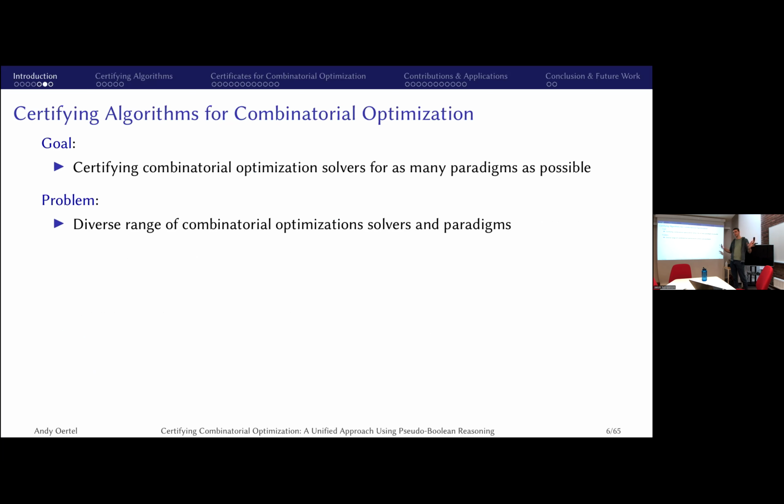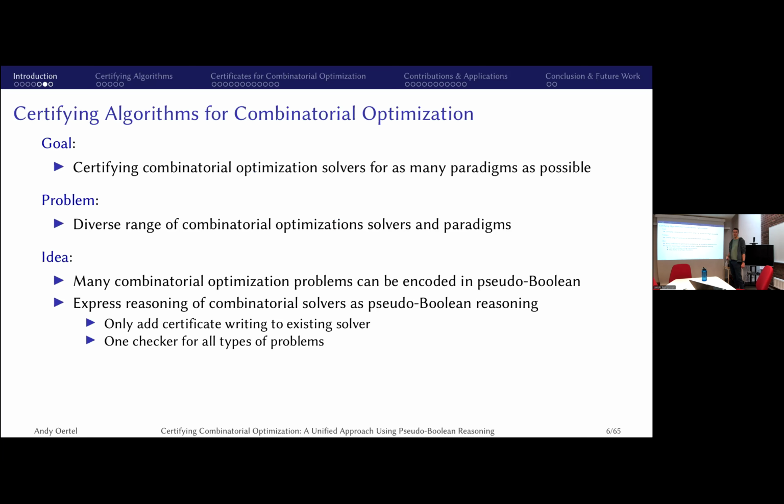So let's use pseudo-Boolean optimization as a nice middle ground to encode our problem into. Then we express the reasoning of the solver just as pseudo-Boolean reasoning, and the certificate argues about reasoning with this pseudo-Boolean problem.